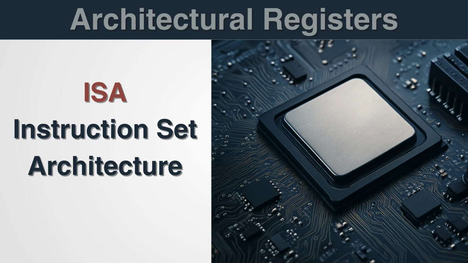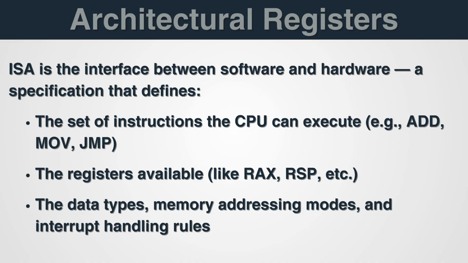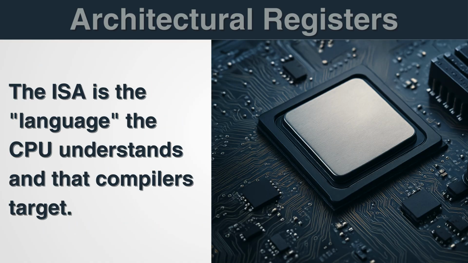We'll be going a lot more into this in future videos coming up shortly, but that's the interface between software and hardware. It's a specification that defines a set of instructions the CPU can execute. It defines the registers available and the data types, memory addressing modes, and interrupt handling rules. In simple terms, the ISA is the language the CPU understands that compilers target.